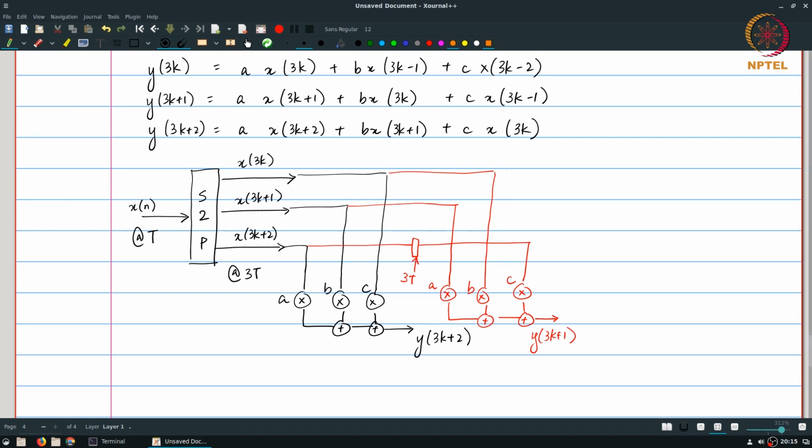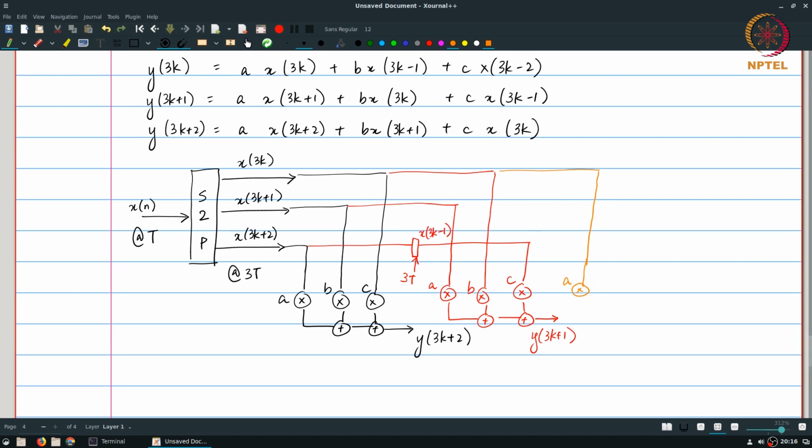We can take this further to the third term, where we need to take x of 3k, multiply it by A, x of 3k minus 1 is to be multiplied by B, and we know that, as we already saw over here, this is going to be x of 3k plus 2 minus 1, or in other words x of 3k plus 2 minus 3, or in other words x of 3k minus 1.